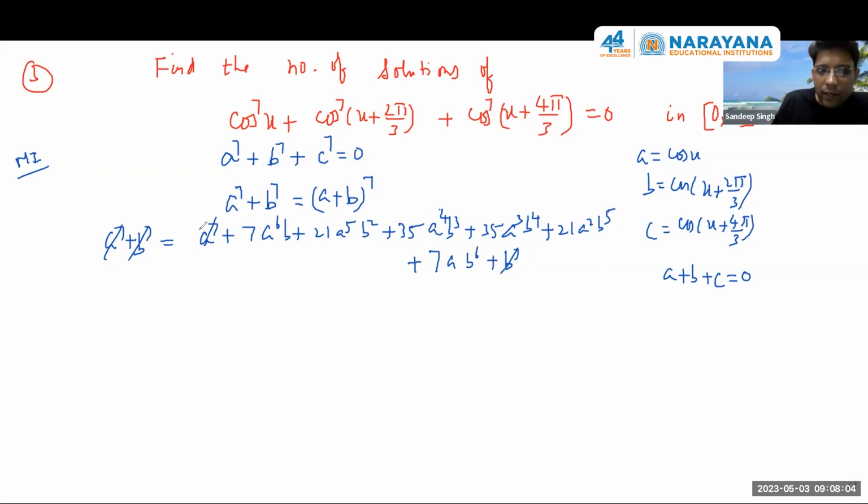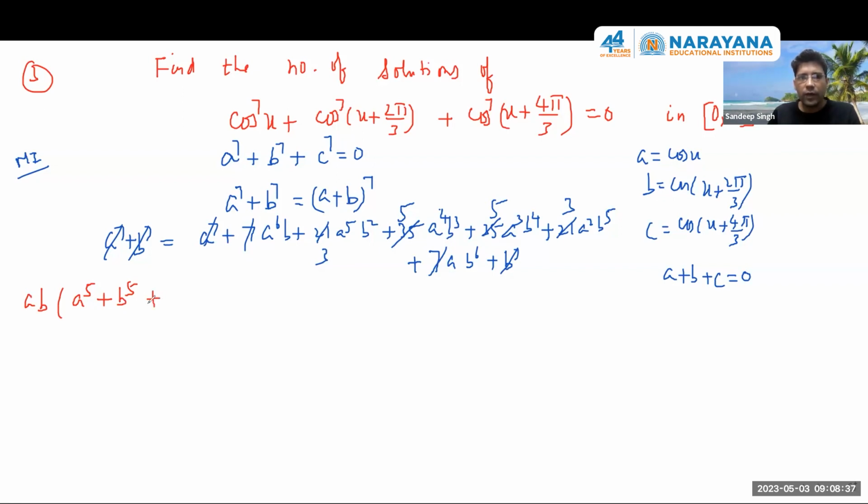Now, let us try to further simplify this. So I think I can cancel 7 basically first. So 3, 5. Can anybody tell me what is the final answer? How many solutions are you getting if you have solved? And then I want to take ab common. Please tell me what will be left. I think a power 5 symmetric expressions will be left. A power 5, b power 5.